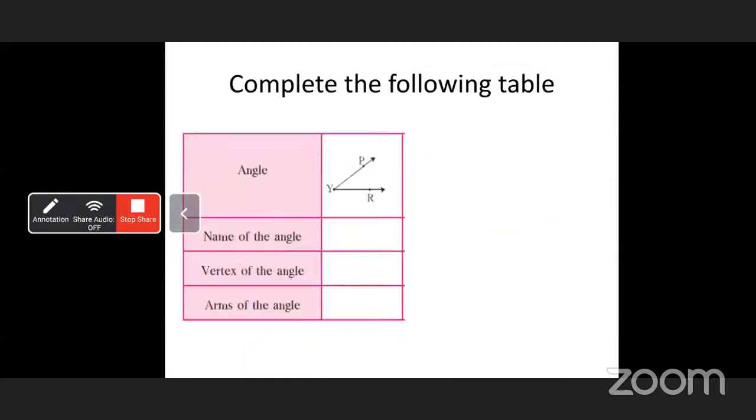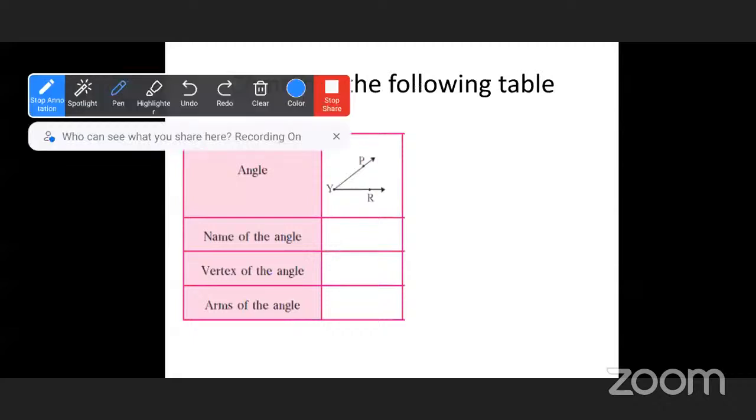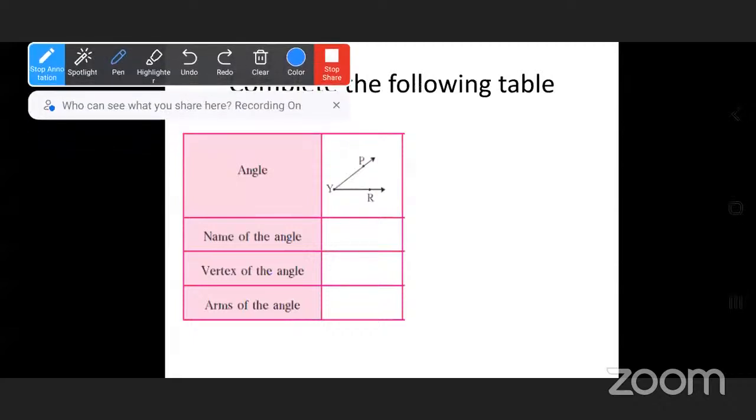So let us see a few examples based on this. Now we'll see the naming of the angle first. You can see this angle. We are going to denote the name of this angle by this symbol. We can write it as angle PYR, or we can also write it as angle RYP.